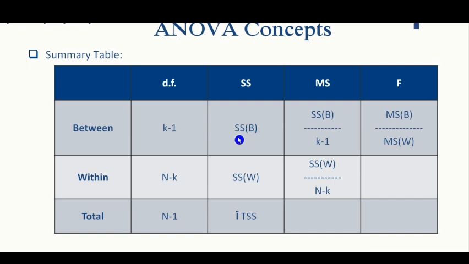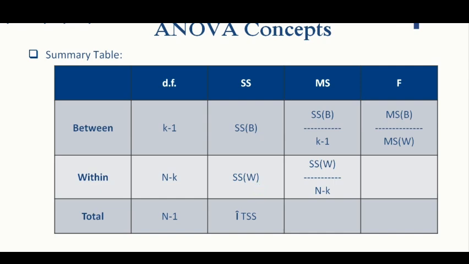Then the between sums of squares are computed, total sums of squares are computed, and if you subtract the between sum of squares from the total sum of squares, you get the sums of squares within, or error sums of squares.